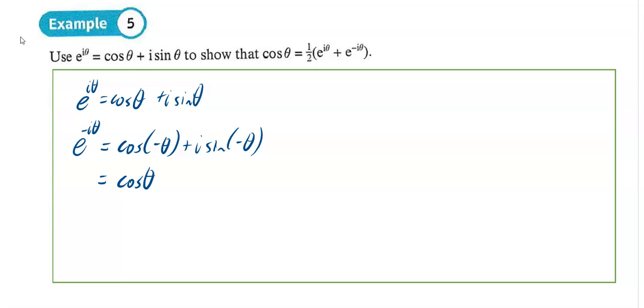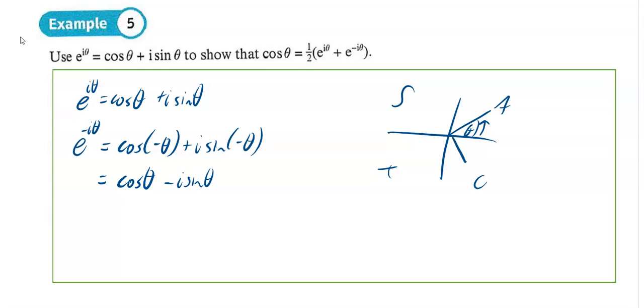However, sine of minus theta would be the same as minus sine theta. And again, go to our CAST diagram. Cos is positive here, sine is positive here, but sine is negative here. So sine of minus theta would be the same as minus of sine theta.